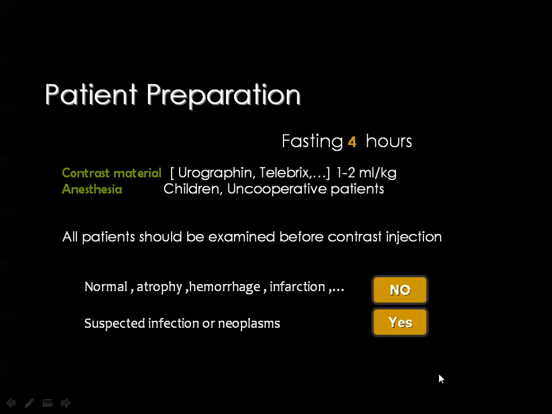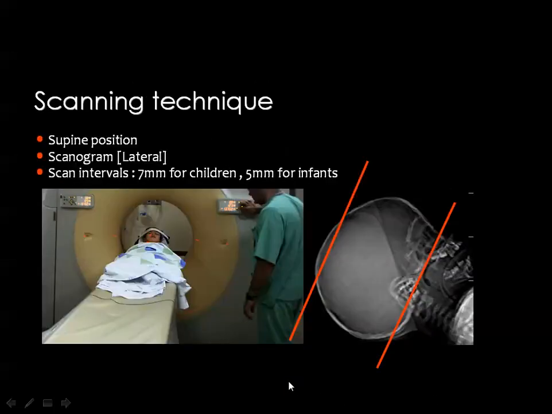And as a broad rule, we usually inject patients with contrast whenever we are suspecting an inflammatory pathology or a brain tumor. Then contrast is needed to discriminate between infection and the neoplasms, and also to differentiate between the types of infection and the types of neoplasms, as I will mention in details after that.